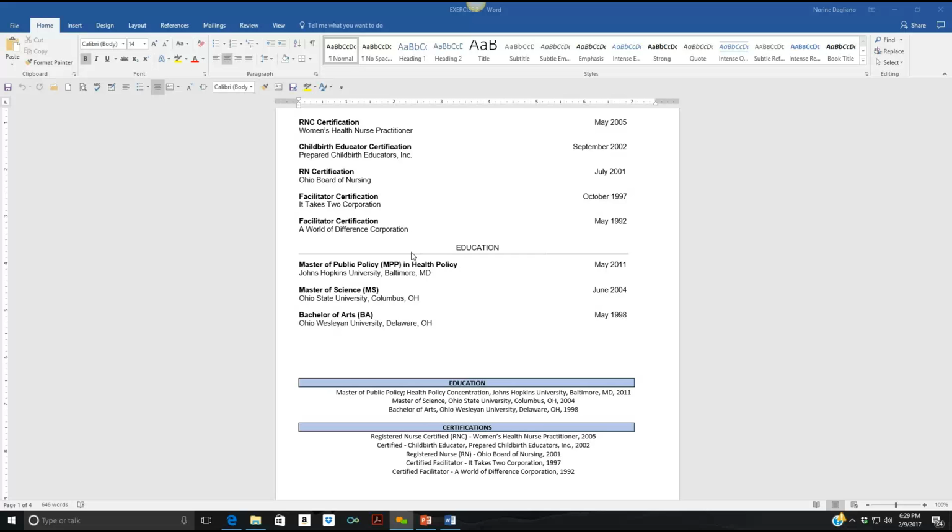Because colleges, some of them are on quarters, some are on semesters. Some people may graduate in the summer, some may graduate at the end of the winter term. In those cases, it may be relevant to let them know what month they graduated. And then to be consistent, you would need to do that for every degree that you're listing.